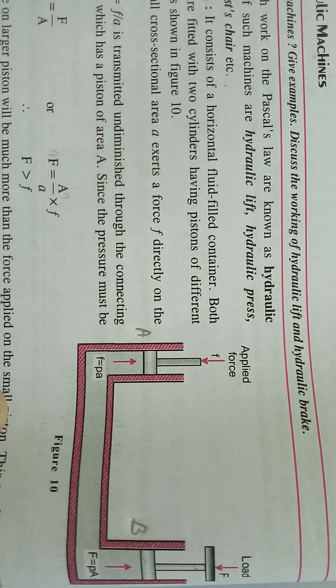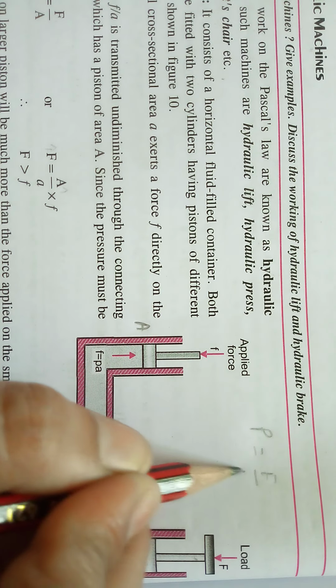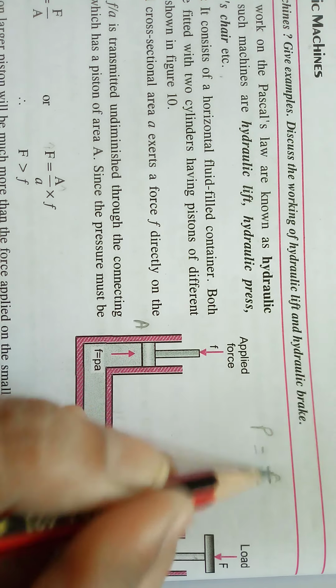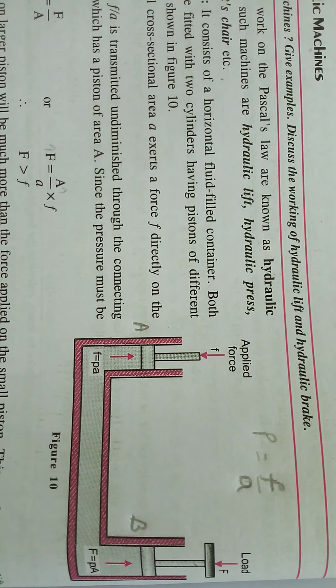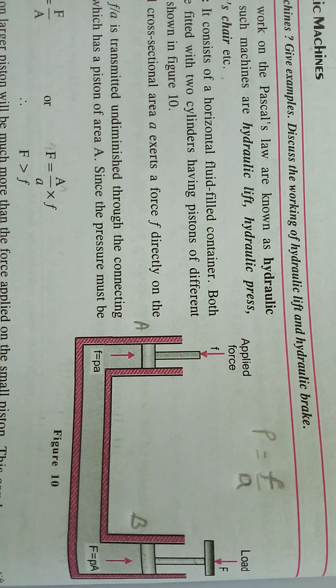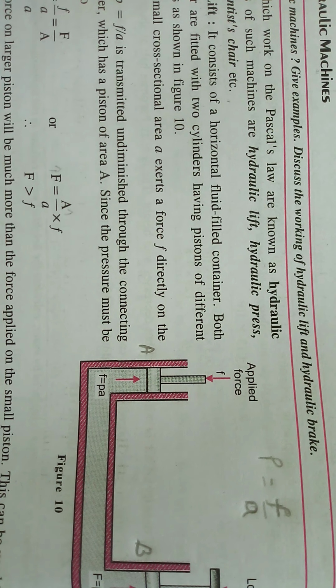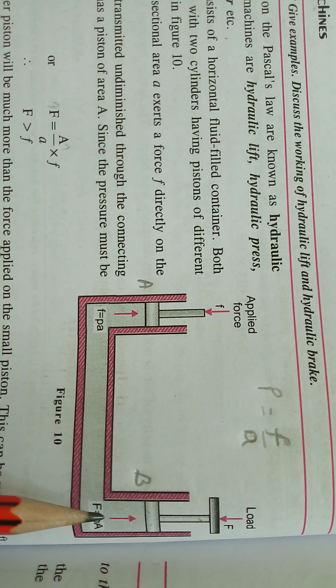Now, you know that pressure is equal to force upon area. So for this case, small f represents the force and small a represents the area of cross section. When this pressure is transmitted undiminished through the connecting pipe to the large cylinder, it means the pressure is exerted on the end where the large area of cross section is, and we know that pressure must be the same on both sides.